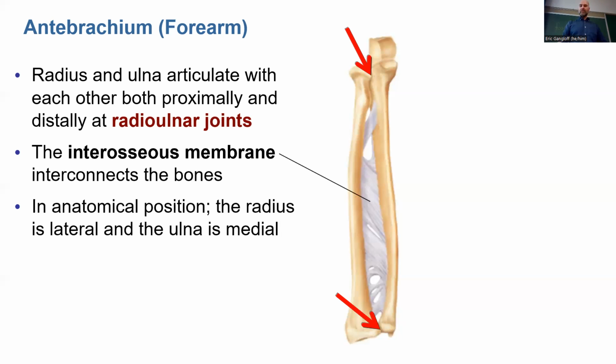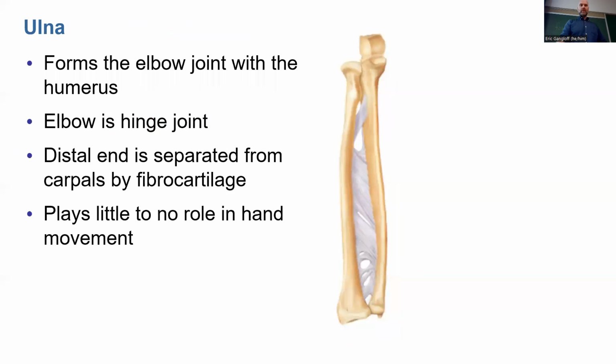I'm going to talk a little bit more about each of these bones, and then we're going to mix it up a bit. So the ulna, as I mentioned, forms the elbow joint with the humerus, and it has this almost like C-shaped or clamp-shaped feature on its proximal end, and that basically forms a hinge with that trochlea of the humerus, and I'll show you that on my next slide.